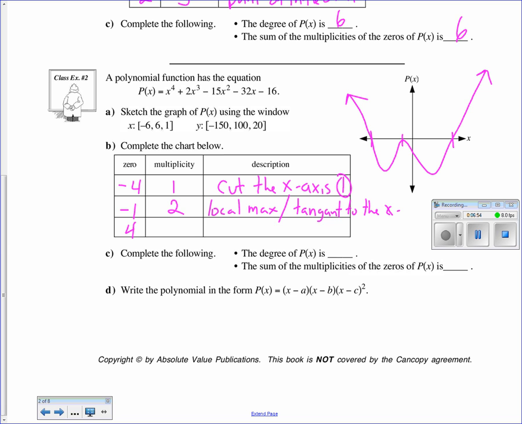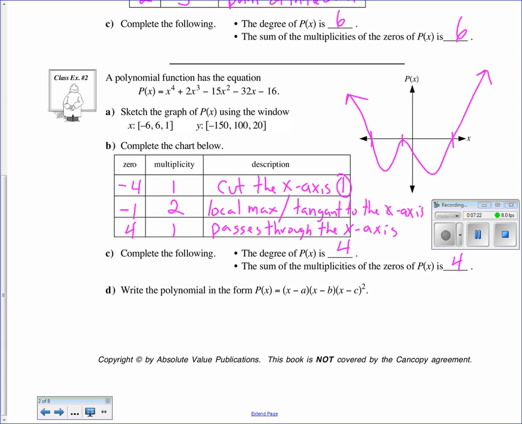The x-axis actually forms a tangent line or just touches the graph. And at 4, I've got a multiplicity of 1. Again, it just passes through the x-axis. So the degree of the polynomial is 4. The sum of the multiplicities is 4.